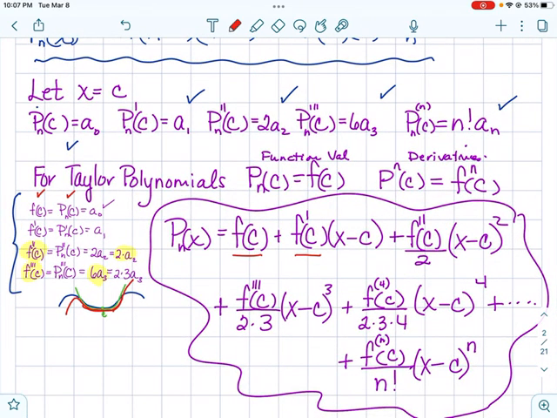And then f double prime of c is equal to 2 a sub 2. So we're going to replace a sub 2 with f double prime of c, but we have to divide by 2 and then multiply times your x minus c, the quantity squared, okay?